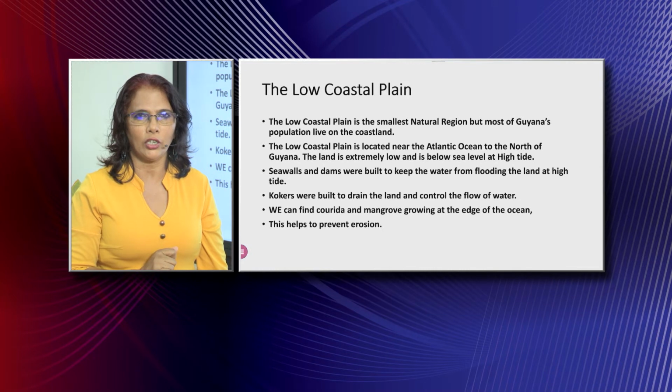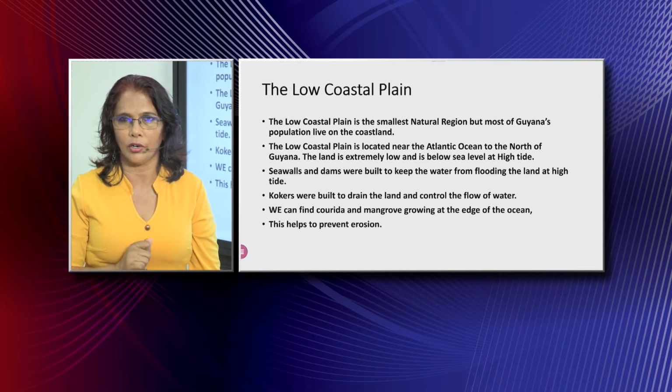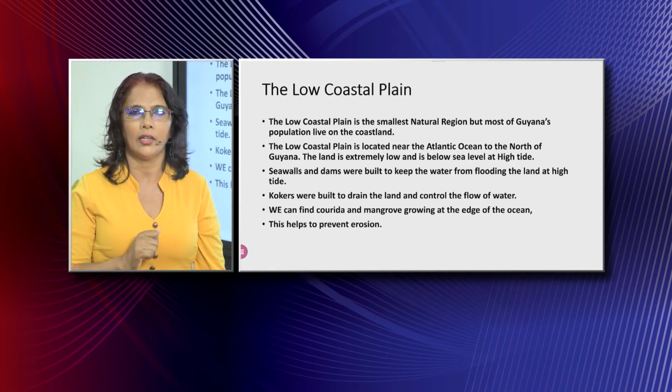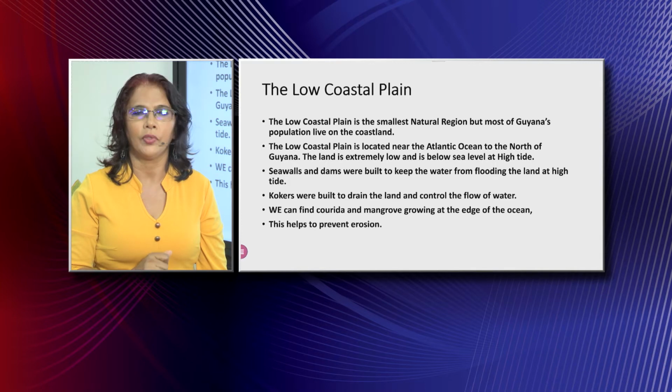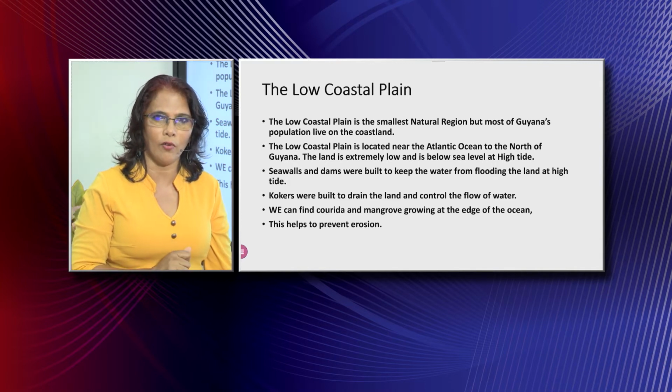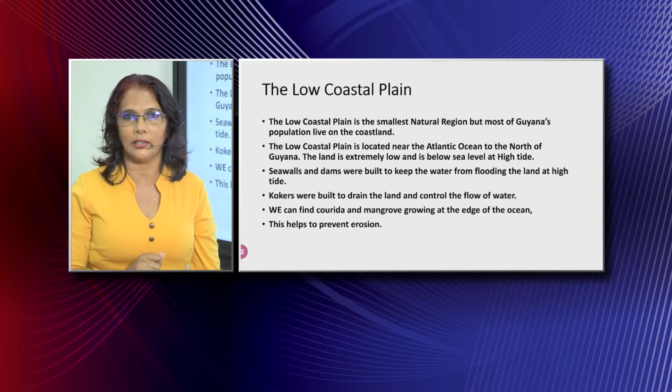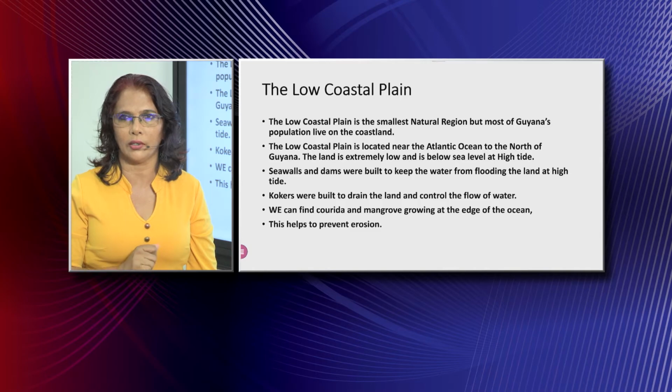The population is the people that live in a particular area or the country. So we have now found out that most Guyanese live on the coastland or the low coastal plain.